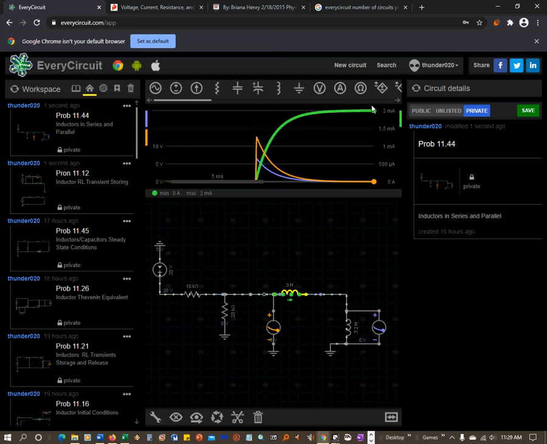It goes up from 0. So it starts off as an open circuit, ends up as a short. And then the voltage across both of these inductors was 12.7 max, and it decays down to 0. And then this voltage ends up being 6.53, which is roughly 0.57 times this voltage here.